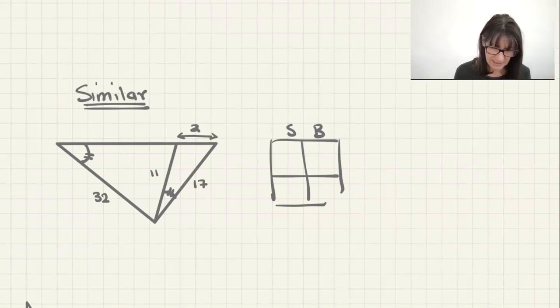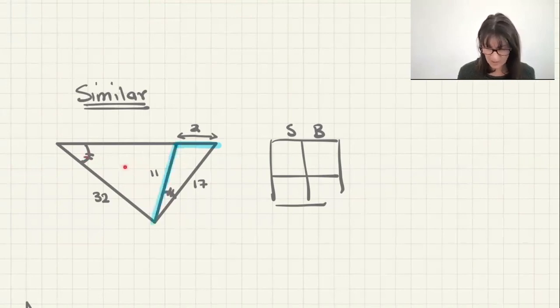Okay, now if I look at the angles, they haven't actually given me a value, but they have made it clear that these two angles are the same. They don't look the same, the diagram isn't drawn to scale, but they are the same. So I'm going to use that to help me identify which sides go together. So this A is opposite, and then this 11 is also opposite.